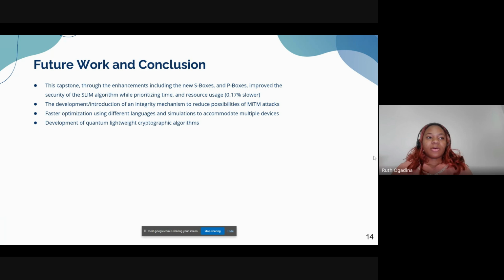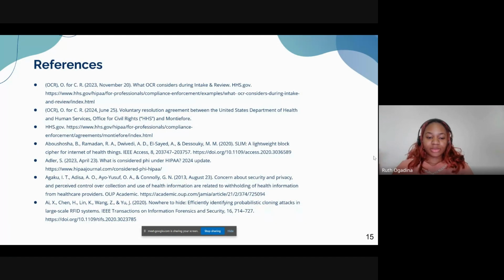I would like to see how well these devices would fare when quantum computers become a really rampant thing, and also when more processors are developed specifically for IoMT devices that allow them to process information very quickly and encrypt them quickly as well. So here are some references, and thank you for having me.